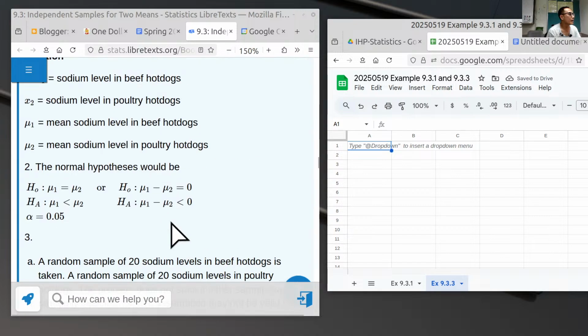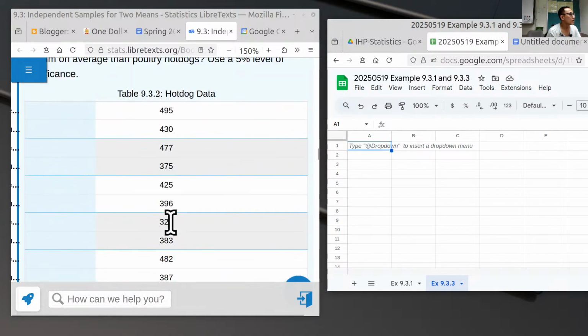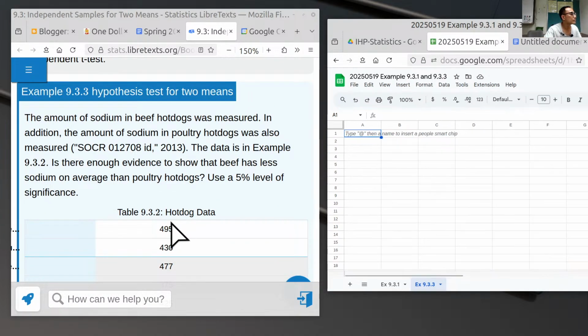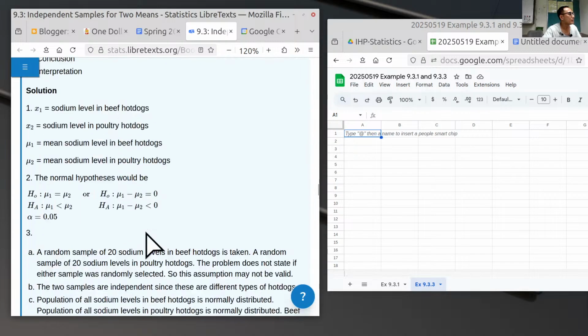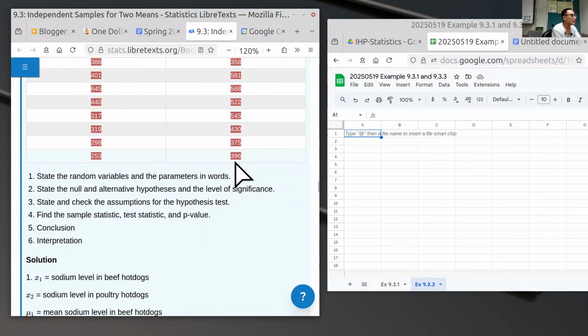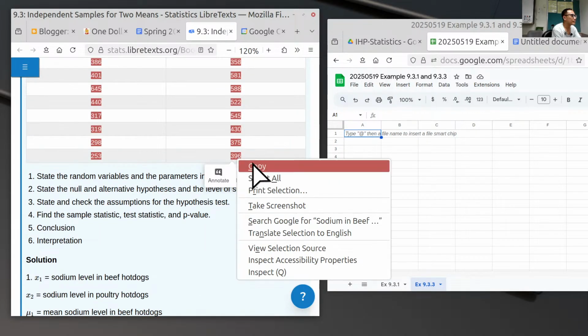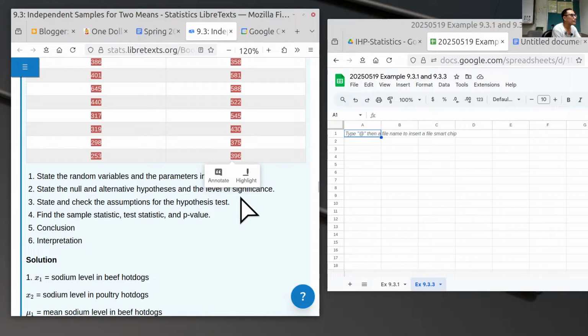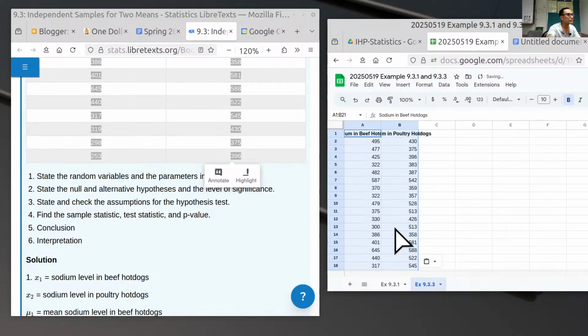Then you can follow my steps. Select the range, copy, and paste it here. This time, I encourage everyone to use the website directly.